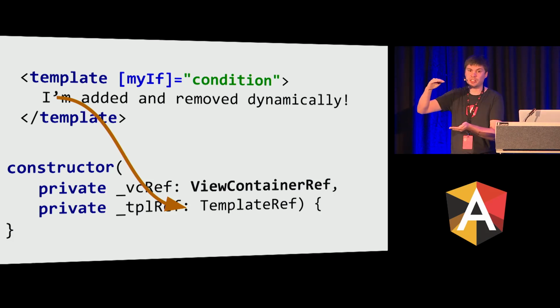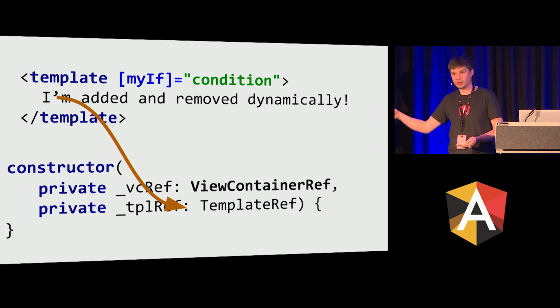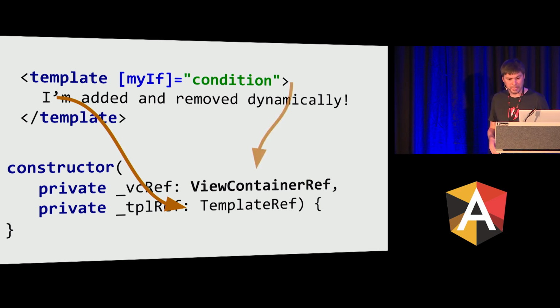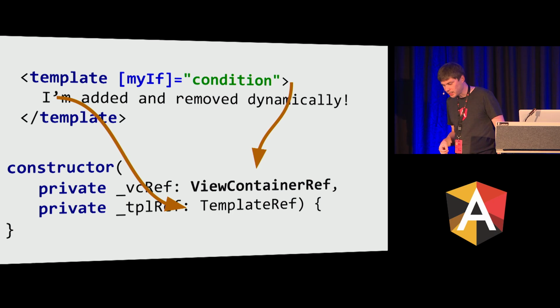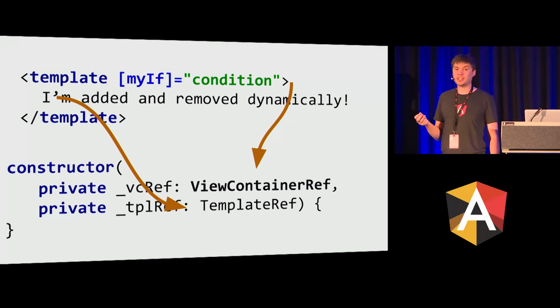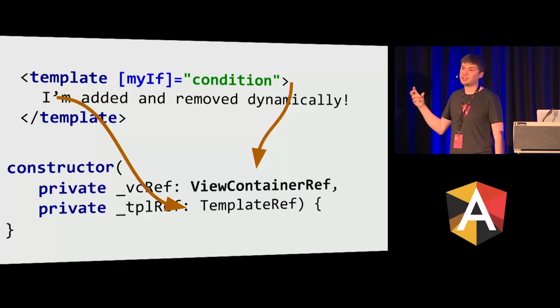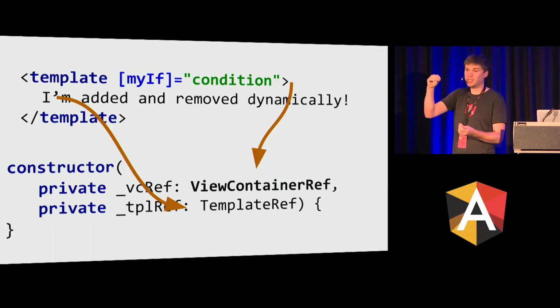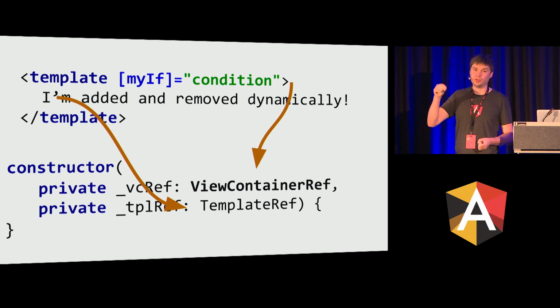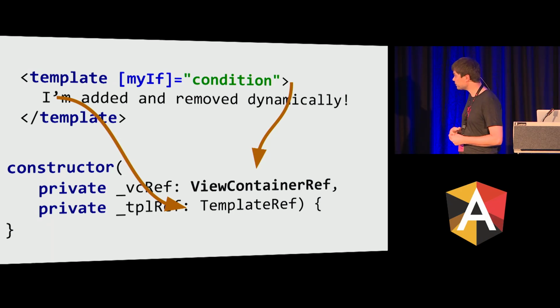Once again, I can capture the content and I can stamp it out later on. But here I'm injecting something new, which is called ViewContainerRef. As the name implies, it's the container for the views. It's this logical data structure where I can keep sticking views. And this is how I can make our application dynamic.